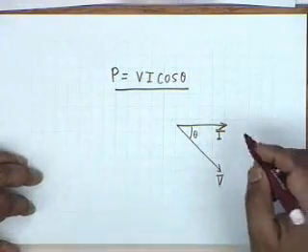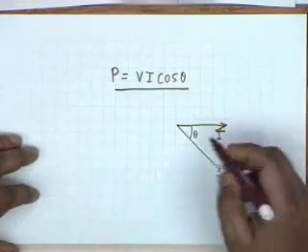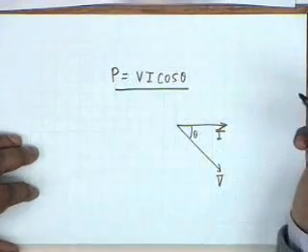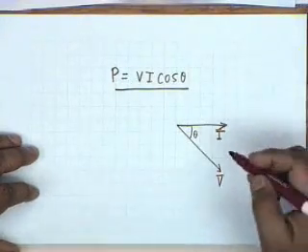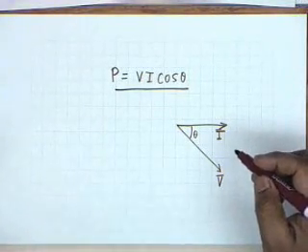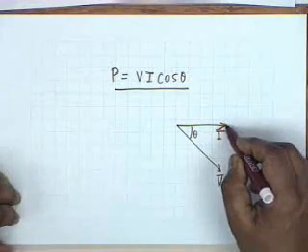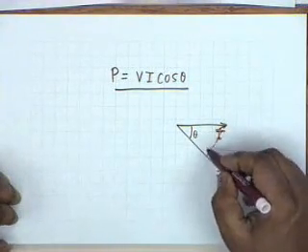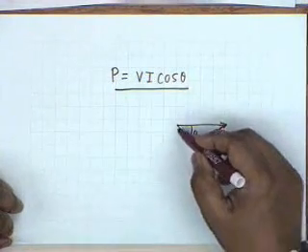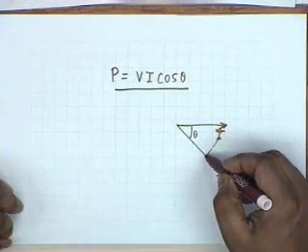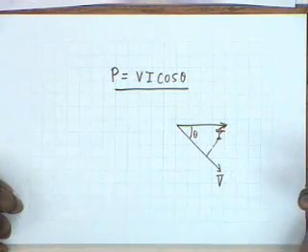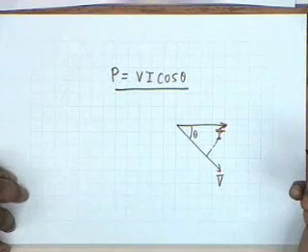This angle is theta. It could be, in this case, the current is leading or lagging? Leading. So the power factor shall be a leading power factor, this angle theta, and you see the power absorbed by the circuit is given by the product of one of the phasors and the projection of the other phasor on the same line. That is, if you project I onto the direction of V, then the current in the direction of V is I cosine theta, and therefore Vi cosine theta is the power absorbed by the circuit.